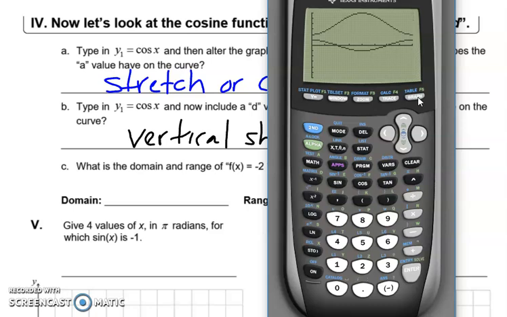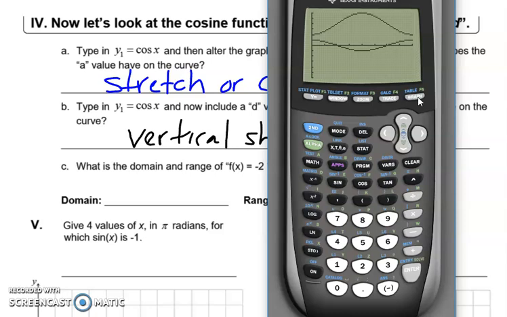So notice again how that shifted. Instead of starting down, it's now starting up because it flipped across the x-axis, and everything rose because of the plus 4, and you had to stretch with the 2.